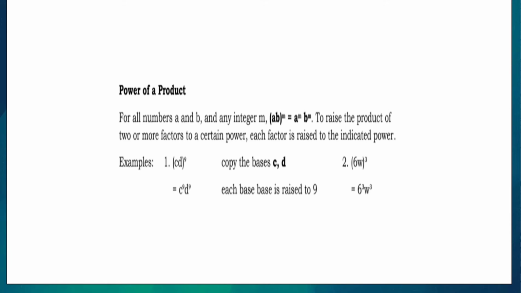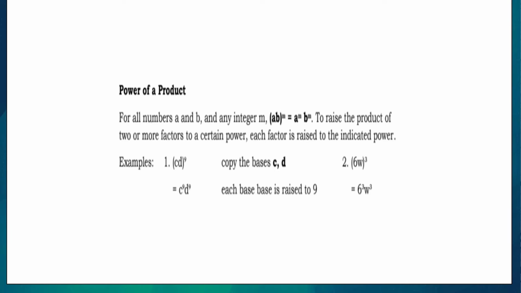Power of a product. For all numbers a and b and any integer m, ab to the power of m equals a to the power of m, b to the power of m. We just distribute the exponent m. To raise the product of two or more factors to a certain power, each factor is raised to the indicated power.